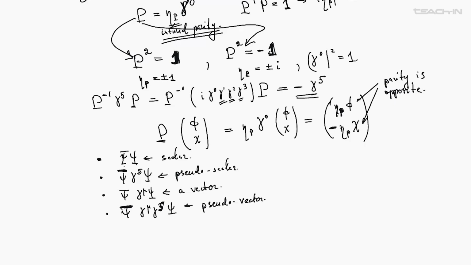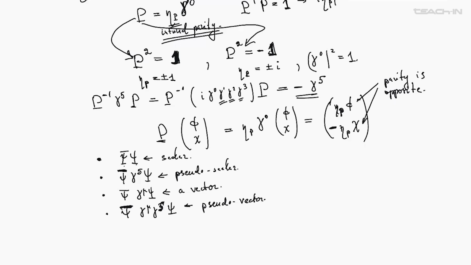For example, if you take a vector product of two vectors, you get a pseudovector, as you know very well, because this object will not change the sign under the reflection of the coordinate axes. That's exactly how the bilinear combination psi bar gamma mu gamma 5 psi behaves. It behaves as a pseudovector.